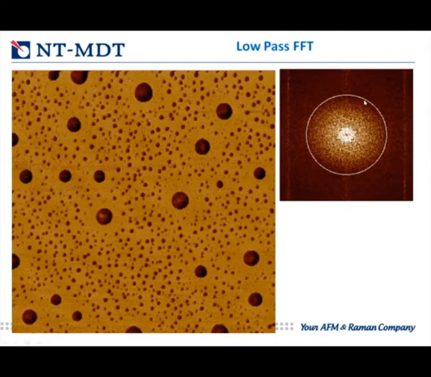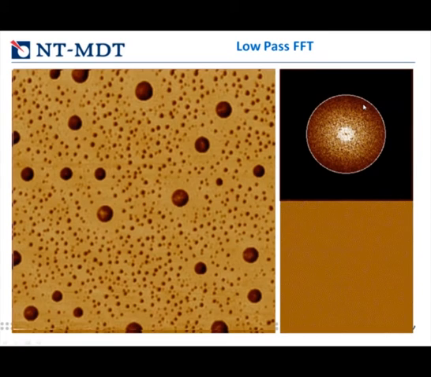If we use band pass filtering, meaning that we delete everything outside of the chosen band, everything which has higher frequency or smaller wavelength than the chosen threshold, you'll see that this high frequency noise has gone, and from the right bottom, you can see the difference.